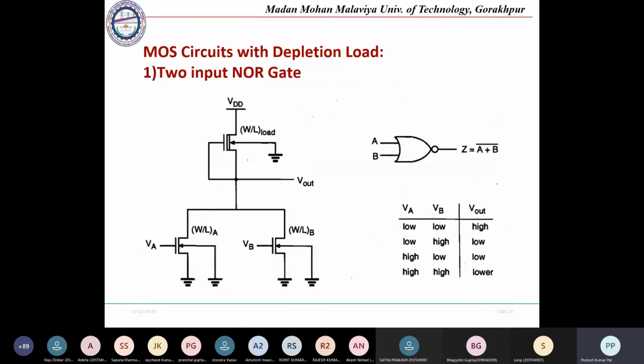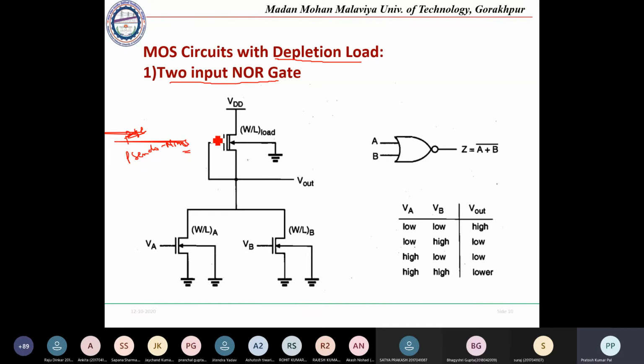Suppose a depletion load is considered, and we are considering a two input NOR gate, having a single transistor load at the output, so it is like a pseudo NMOS logic.